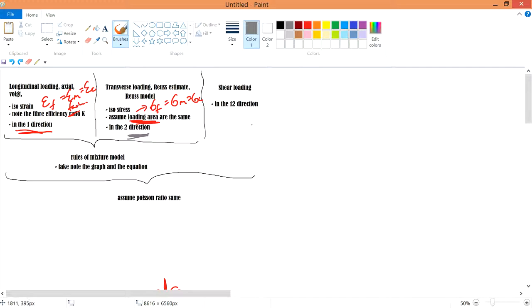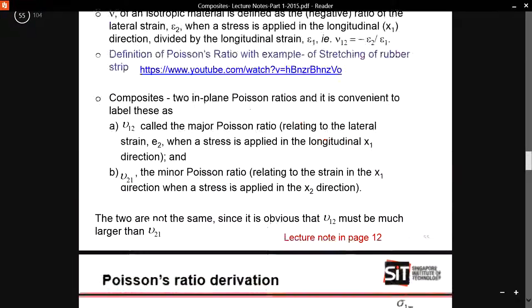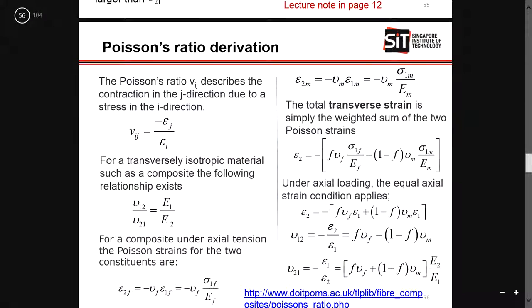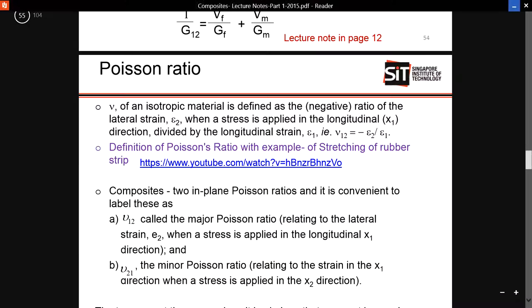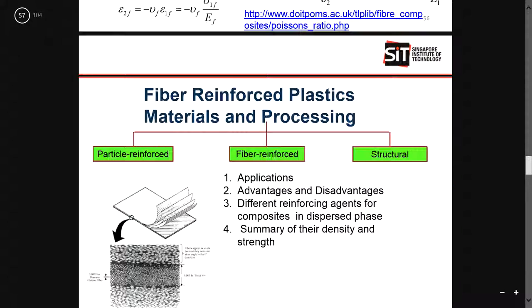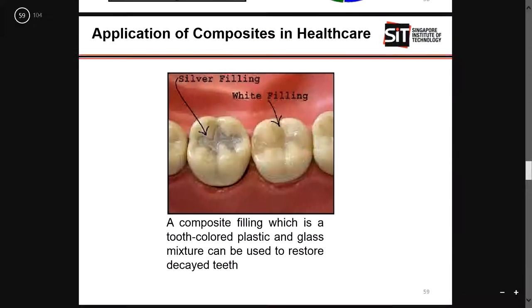Now we are coming to the Poisson ratio to see what happens if the Poisson ratio changes and how it affects our results. This gives you a brief understanding of what we're going to do in the next video on Poisson ratio. After that come applications, and we are done for this lesson. See you there.